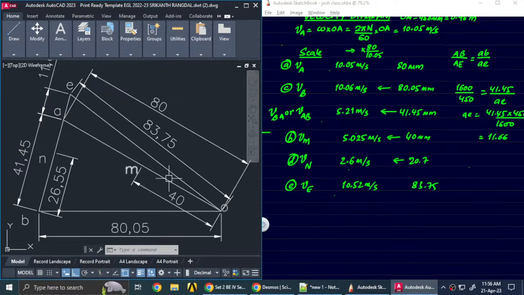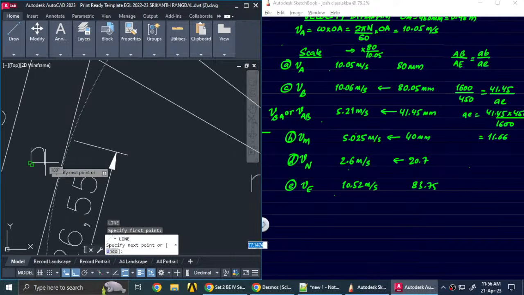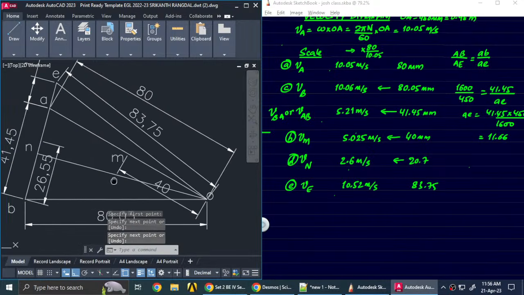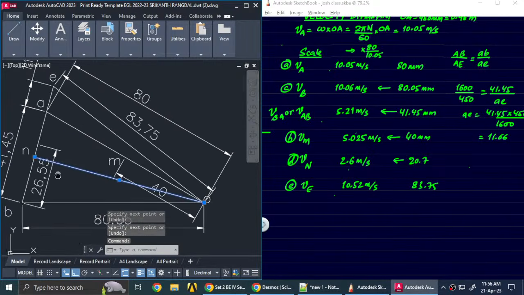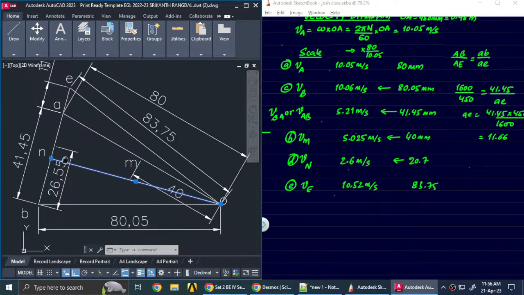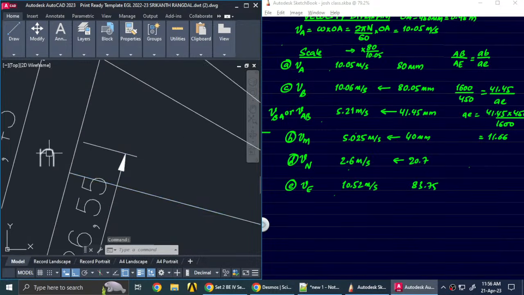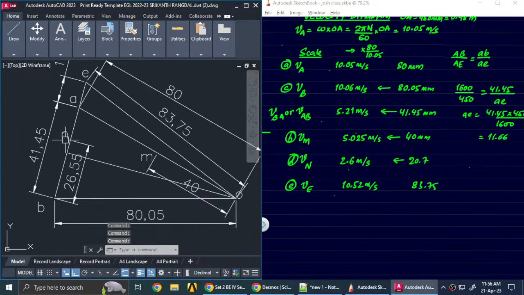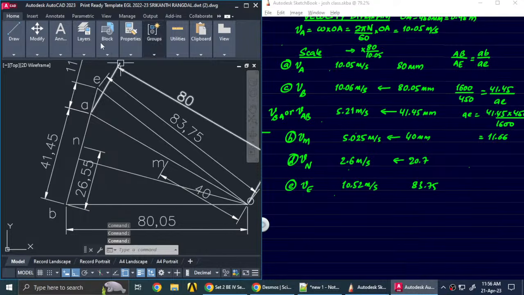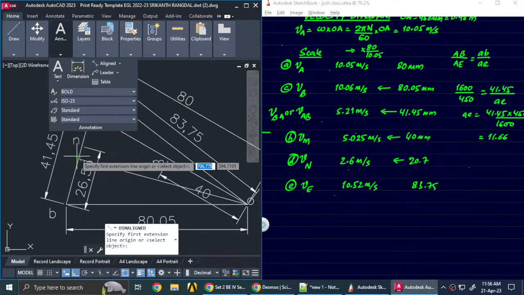We know that the shortest length here will be perpendicular, so we will have to take a perpendicular here, and that length will give us the smallest velocity, and that point here will give us the point where the velocity is minimum.